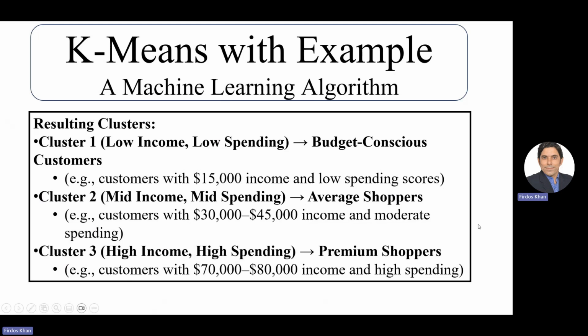Because we know this data and the data is small, with only 6 values, we can decide this ourselves. However, by using K-means clustering you will see clusters like the ones mentioned here. This is the explanation with the example, but of course when you have more data points it is difficult to explain this way, and it can be done with software using K-means, where you provide the data.